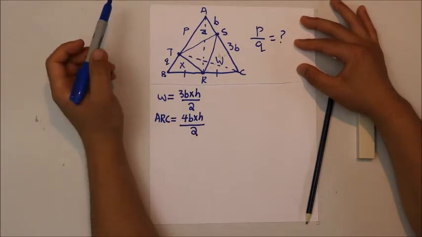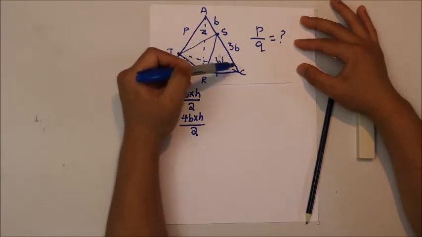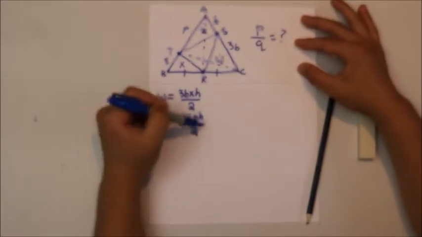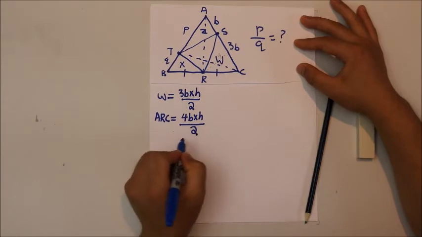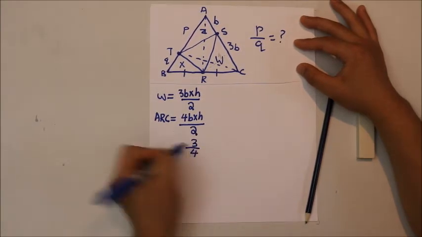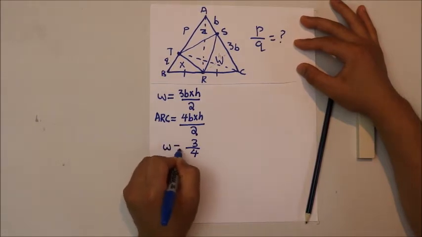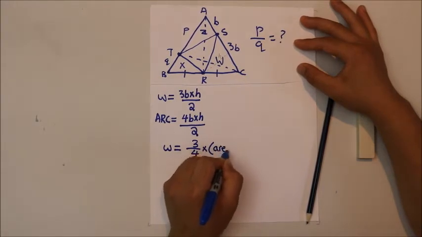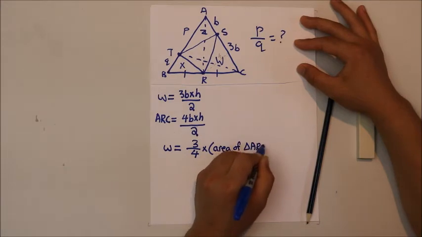Now, to find a ratio between W and ARC, we take the area of W divided by the area of triangle ARC. When we do that, we get a simplified 3/4. So now we can say that W is equal to 3/4 times the area of triangle ARC.